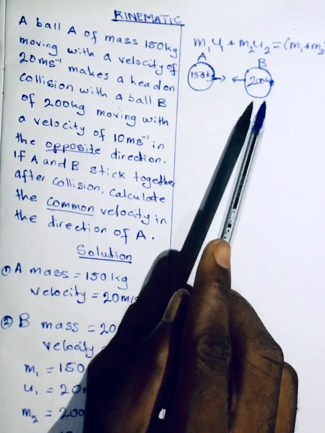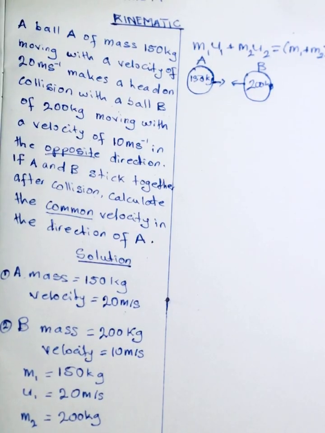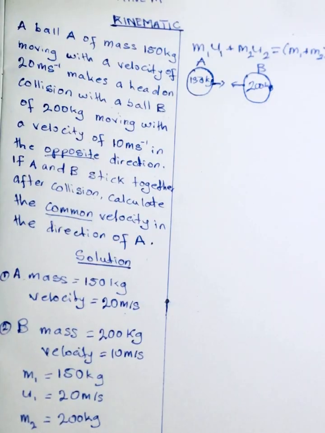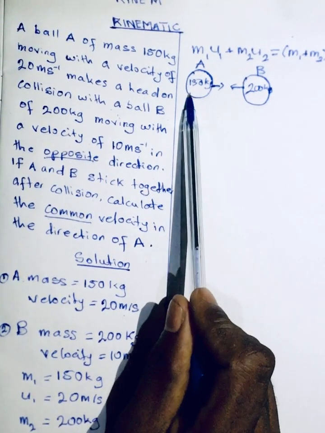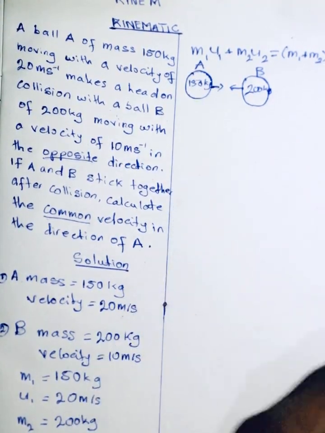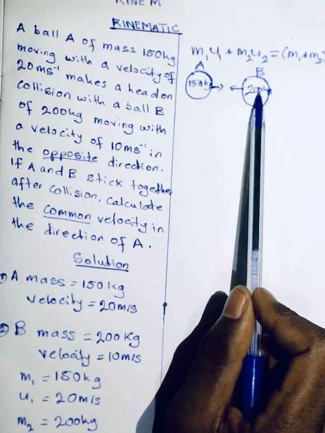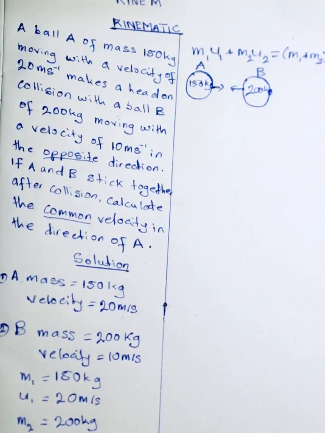When something is moving and the other is in the opposite direction, one must be negative. The one in the opposite direction must be negative. So the 200 kilogram body is going this way, which means it will be negative.